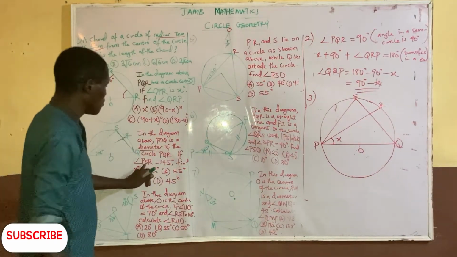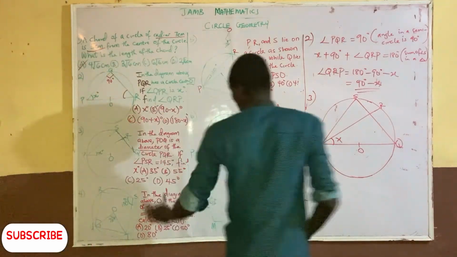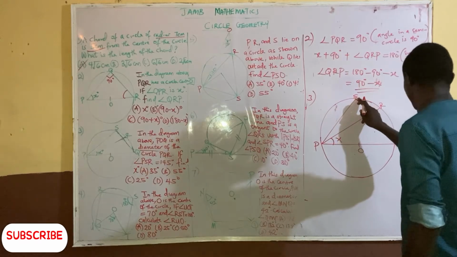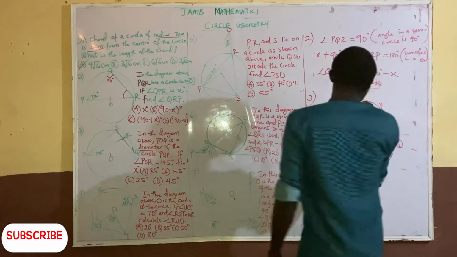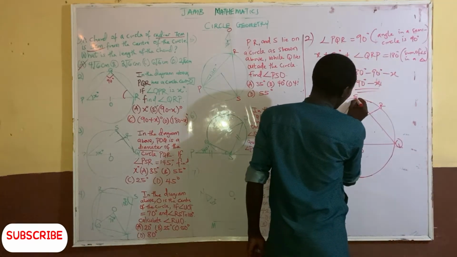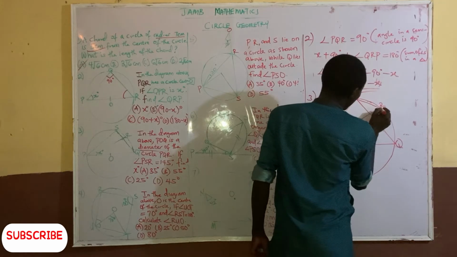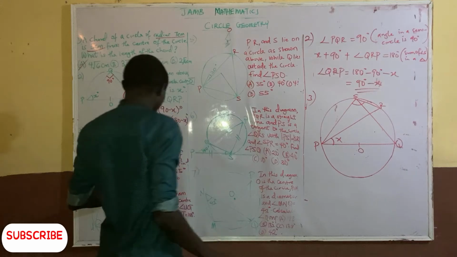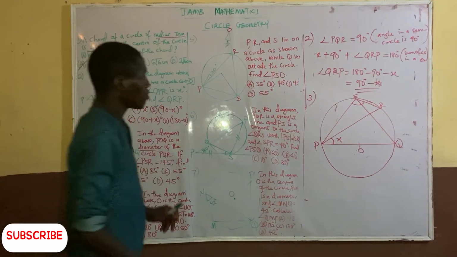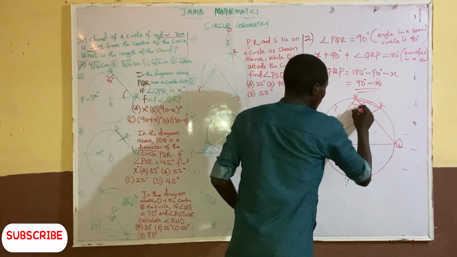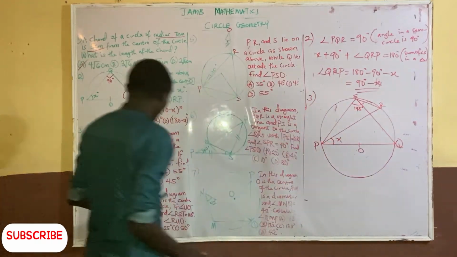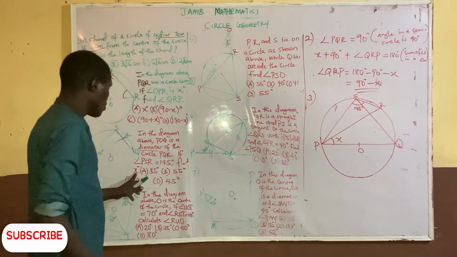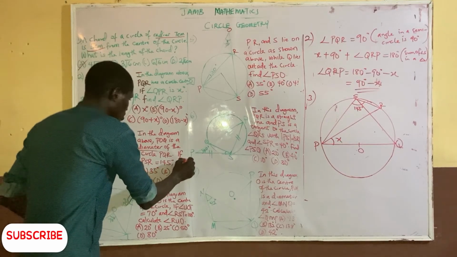Now look at this, angle PSR, meaning that we are going to connect this line together. If angle PSR is 145 degrees, so this angle here is 145 degrees, find angle x. We are asked to find angle x.